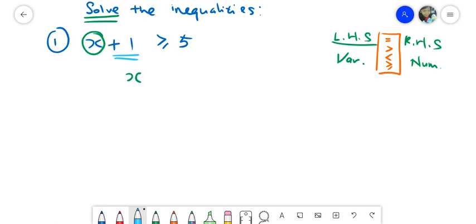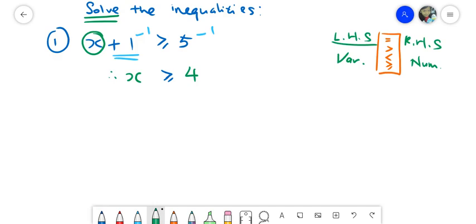You will need to subtract 1, or in other words, minus 1. Fair and square, whatever you apply on the left, apply the same thing on the right. Those that are not relevant, just carry forward. So 5 minus 1 is, what's your answer? It is 4. So that's your answer.